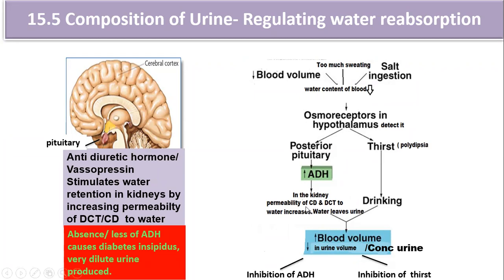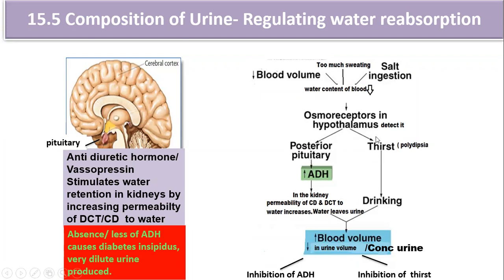So water is going to leave the urine, and that's why urine becomes more concentrated. If water leaves the urine, it enters the blood, so blood volume is going to increase and urine volume is going to decrease. So the urine becomes concentrated. That is one way one can regulate the concentration of water in the blood.